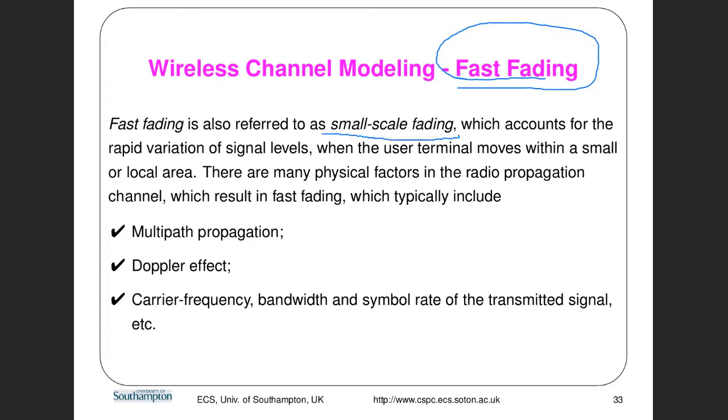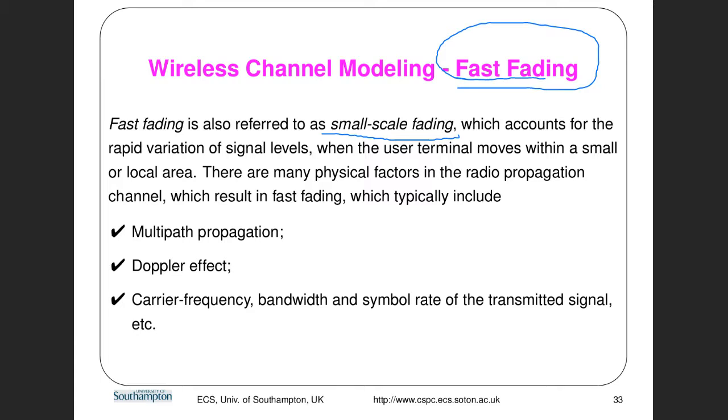In communications, sometimes it can be quite confusing because there are different names that refer to the same thing. It's mainly because all of these were developed since the 1950s, and over history, one branch of people called it fast fading, another branch called it small scale fading, but it's actually the same thing, and the terminology is explainable.